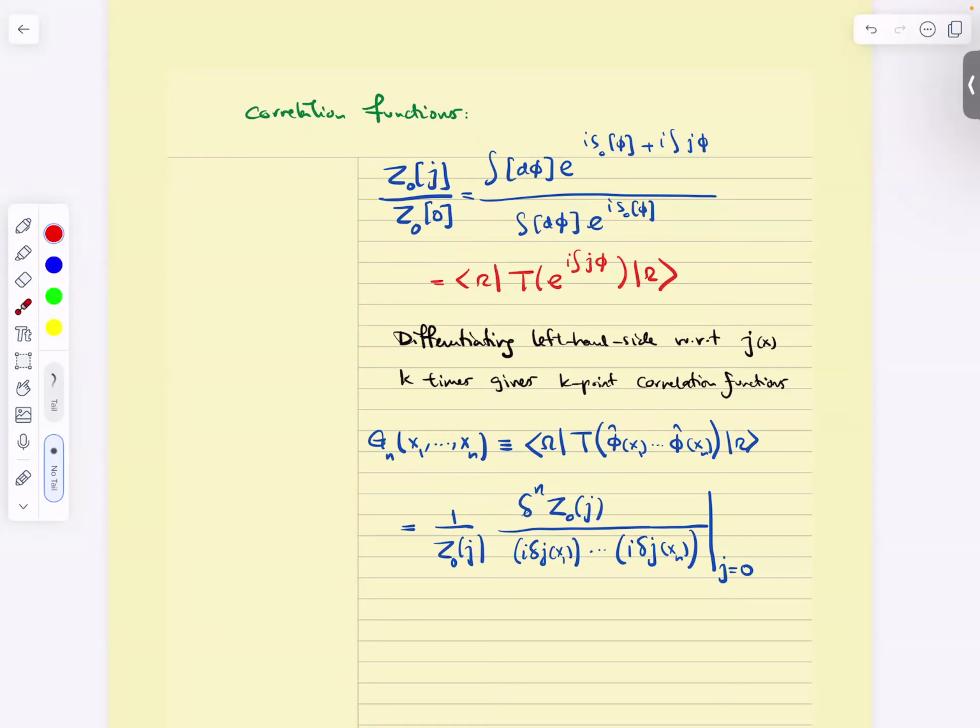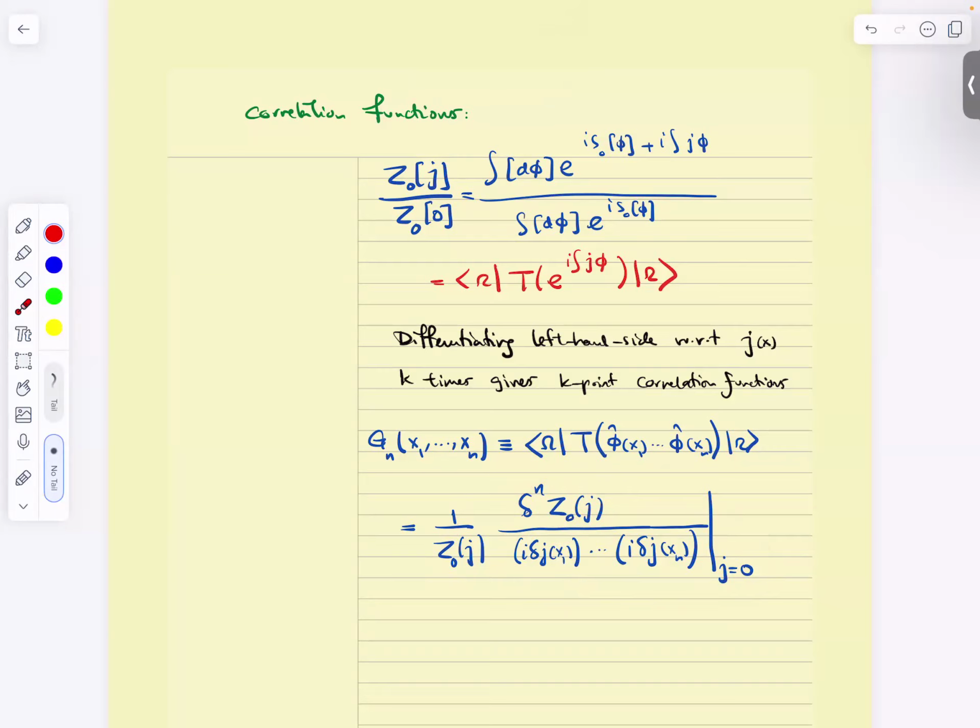Very good. So what we want to calculate, let's first calculate the k-point correlation functions. These are the time ordered operator insertions like this. These are space-time points, right? All that this is, is you take derivatives of Z0 of J, the generating function, with respect to these guys, divide by Z0, and send J to 0.